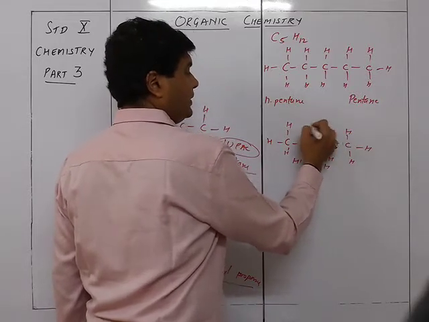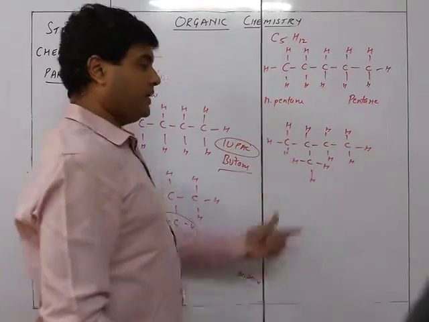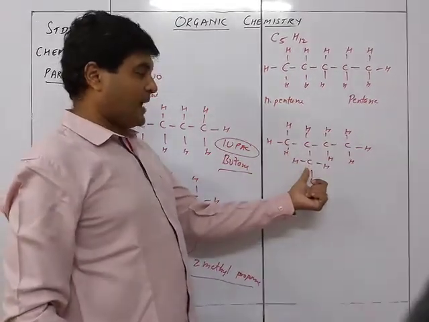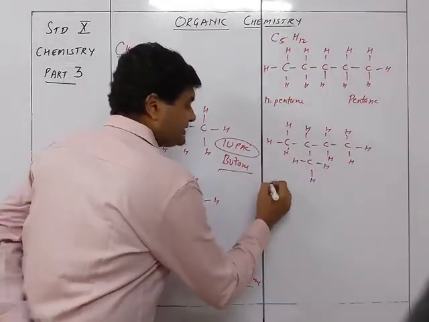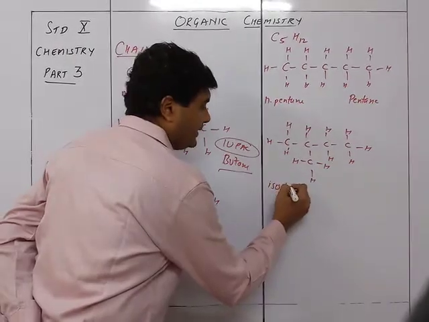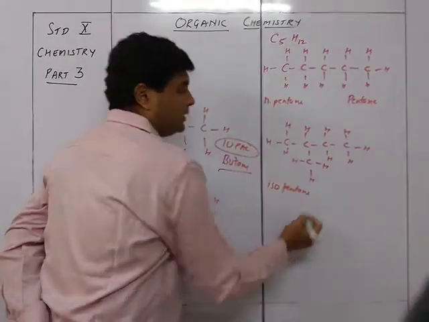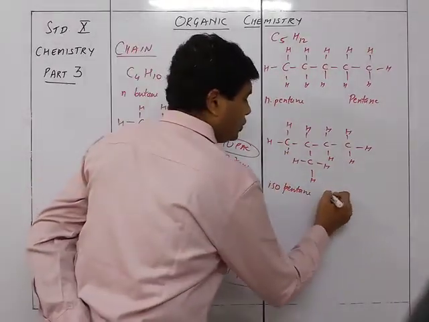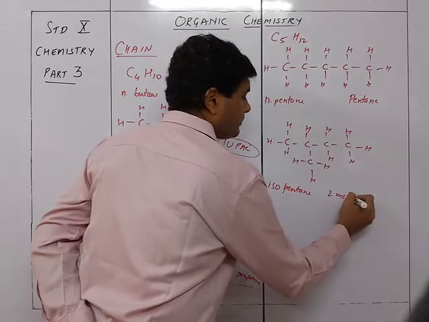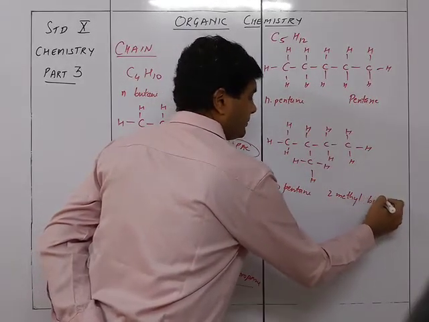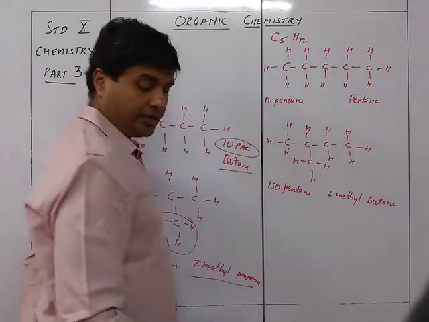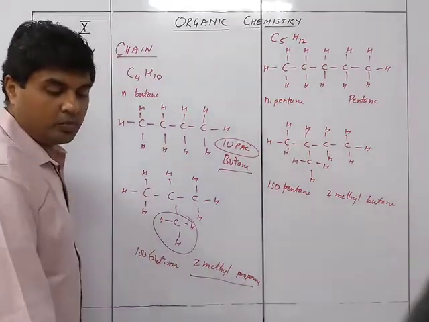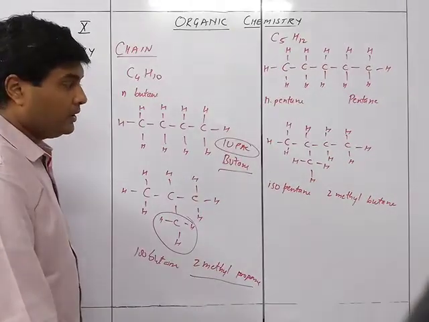What you see here is 4 C's in a row, but 1 C is in a branch. That's why this is isopentane. The IUPAC name will be 2-methyl butane.